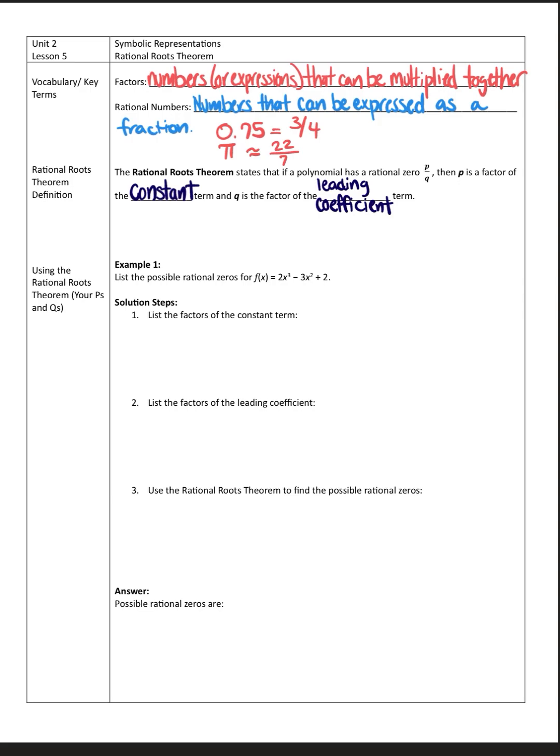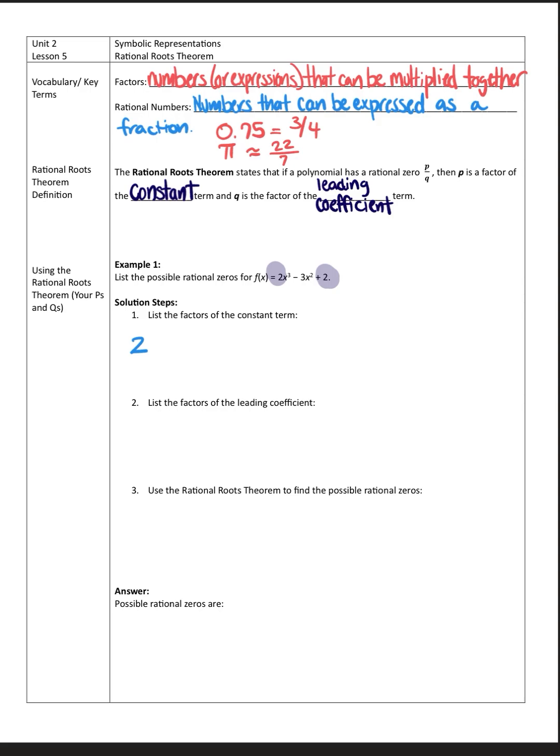So what I mean by that is we need to look at the factors of the constant term and the leading coefficient of the polynomial. In this case, our constant term is 2.